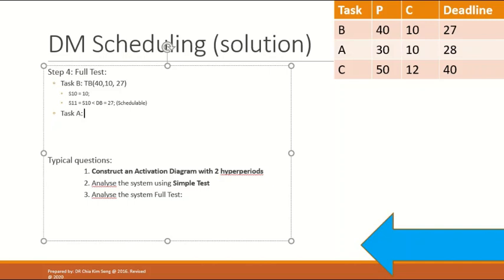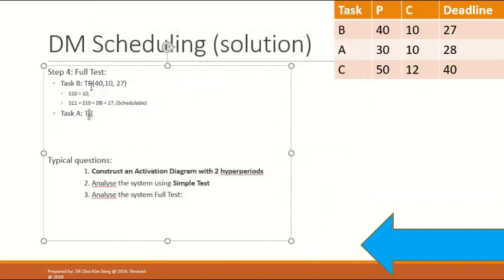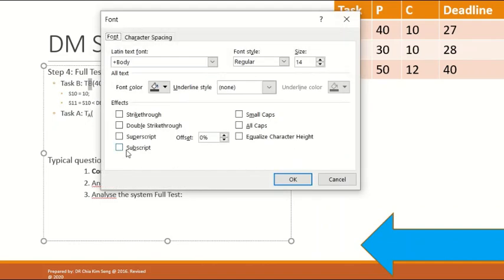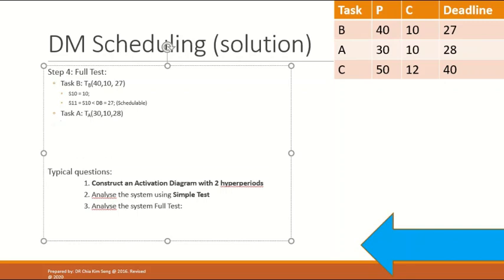DA. This one should be a subscript here. That's why sometimes handwriting is faster, am I correct? So 30, 10. Again, any question just post in the chat box, and later I will go to the questions.